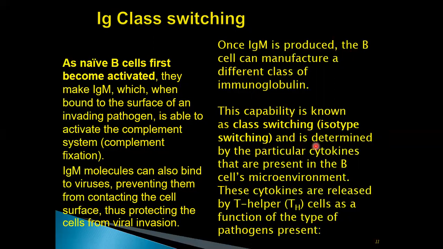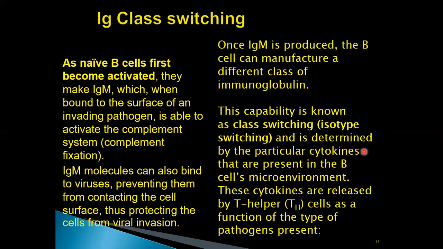This depends on the particular cytokines that are present in the B cell's microenvironment. For example, where are these cytokines coming from? These cytokines are coming from macrophages. These cytokines are coming from T cells.